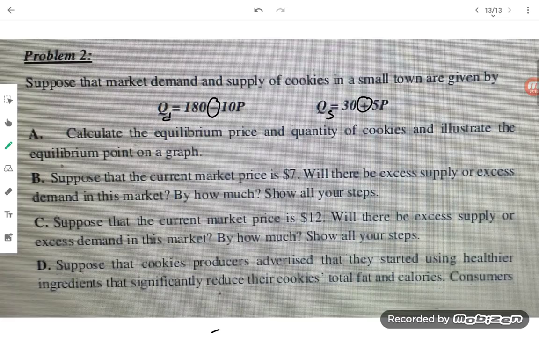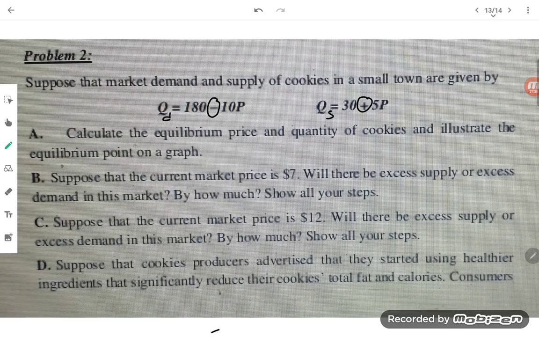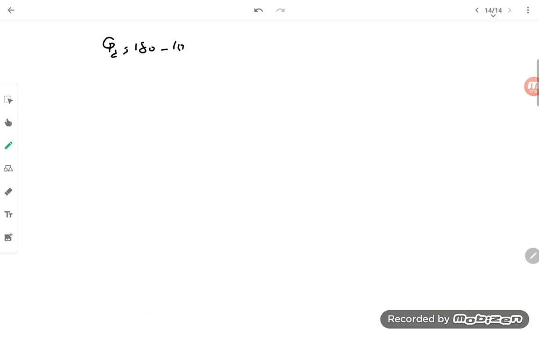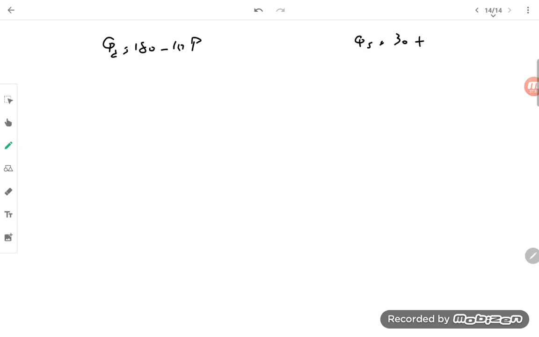Number 1, calculate the equilibrium price and the quantity of cookies and illustrate the equilibrium point on a graph. QD equals 180 minus 10p and QS equals 30 plus 5p.